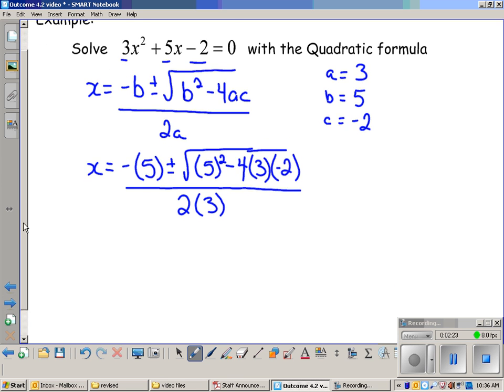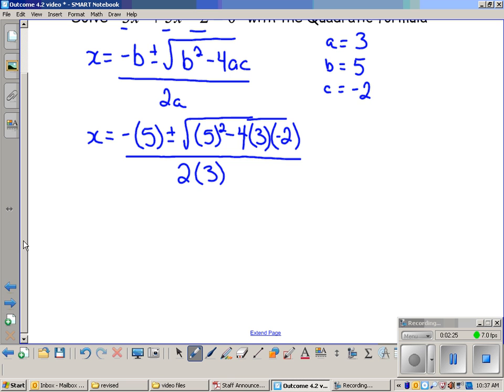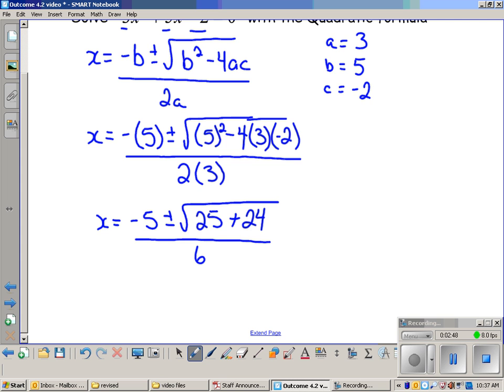Now we just need to simplify. So we end up with x equals negative 5 plus or minus the square root of 5 squared is 25. Negative 4 times 3 times negative 2 means we're adding 24. All over 2 times 3, which is 6.